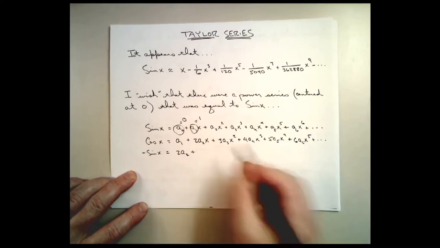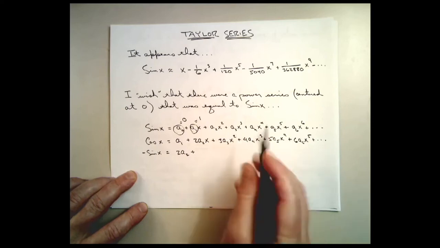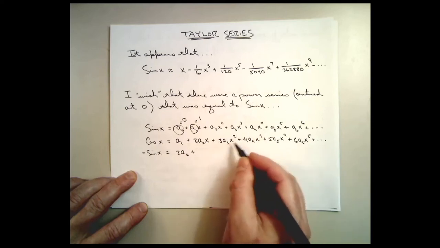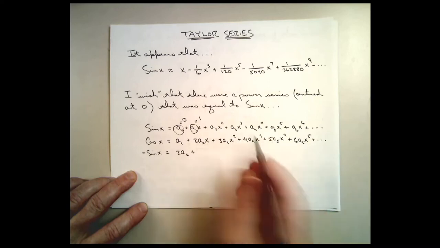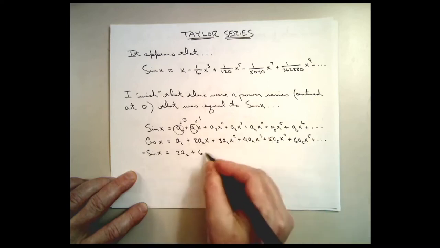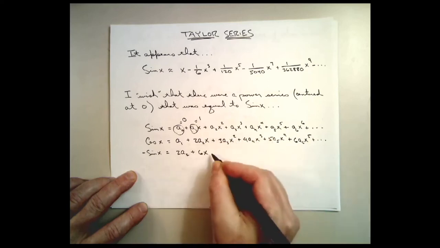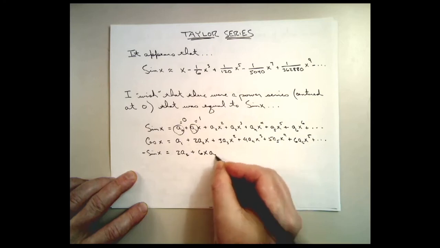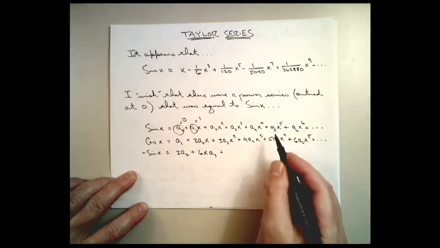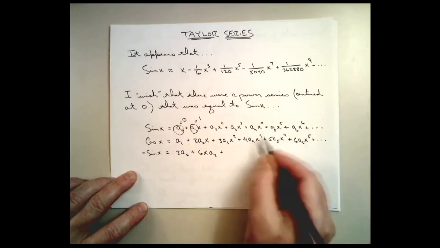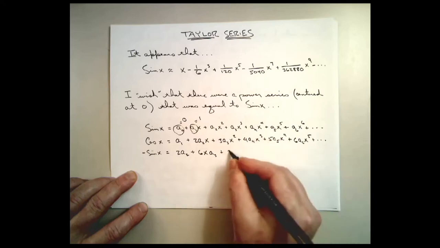The derivative of 3a sub 3x squared is equal to 6x times a3. Next one is, and I'm going to write this, and you're going to see why in a moment, instead of writing 12a4, I'm going to write 3 times 4.